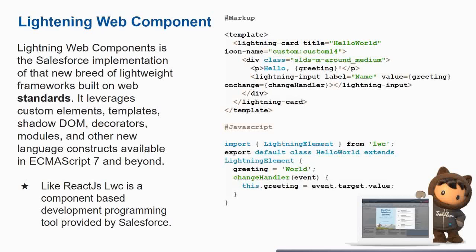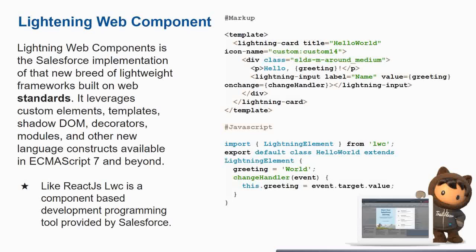So you can have web developers work on these Lightning components, because this is more aligned to web standards, and it's just like writing with JavaScript. There is a module in Trailhead which is specially given for JavaScript, so you can go through that also. It's more aligned with JavaScript.